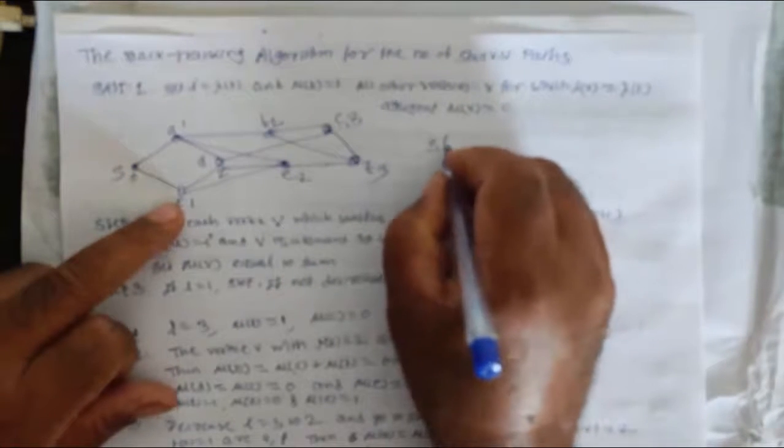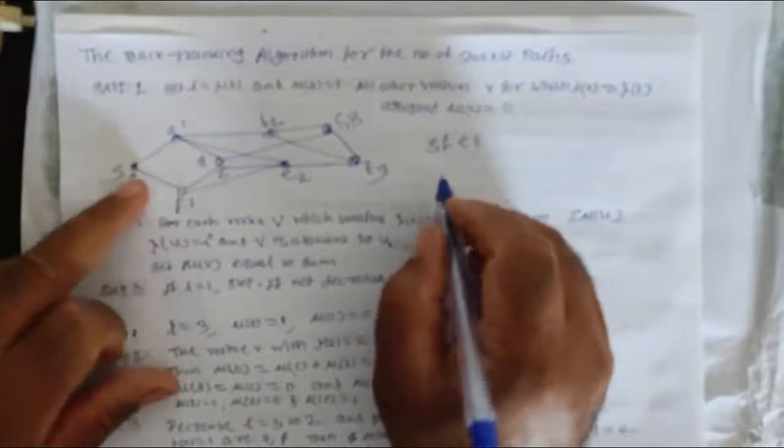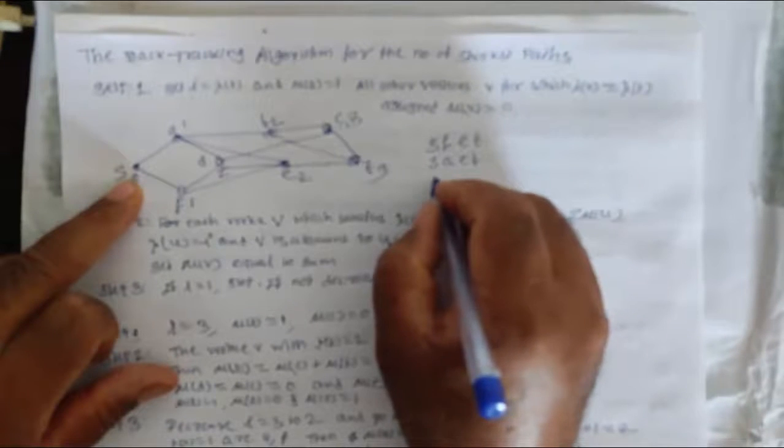And in fact these 3 shortest paths are: first, S, F, E, T. Second, S, A, E, T. And third, S, A, B, T. These are the 3 shortest paths from S to T. Okay? Thank you.